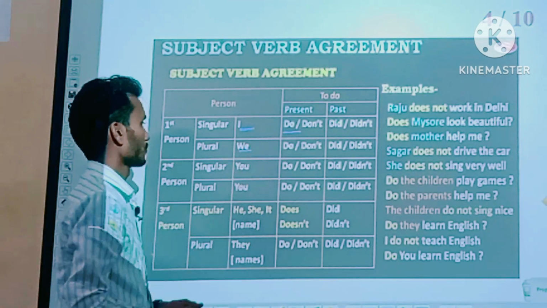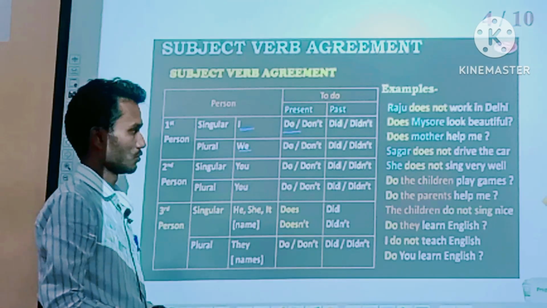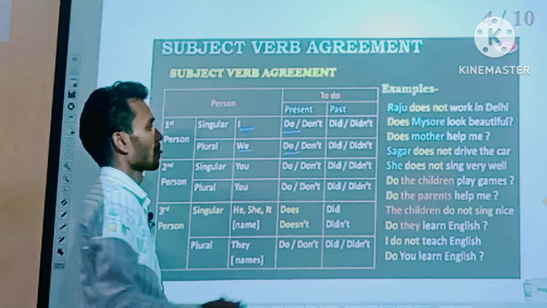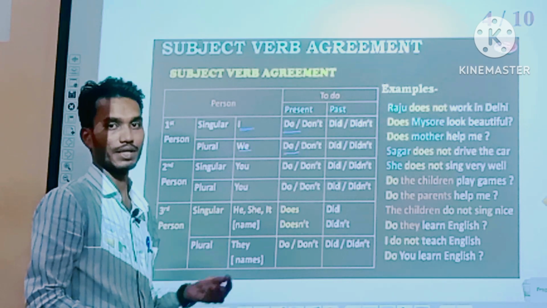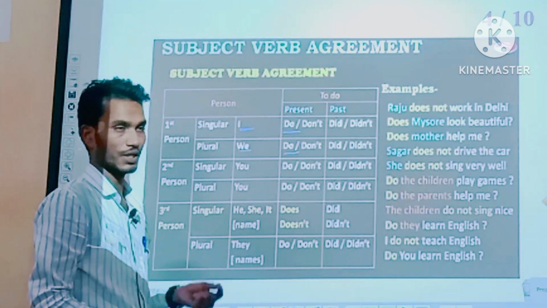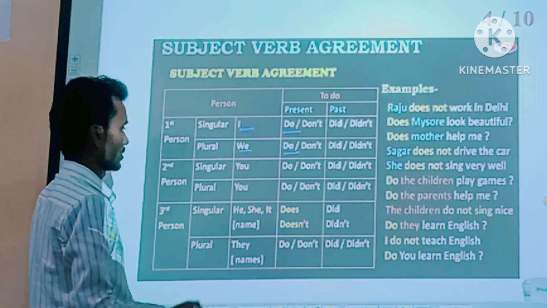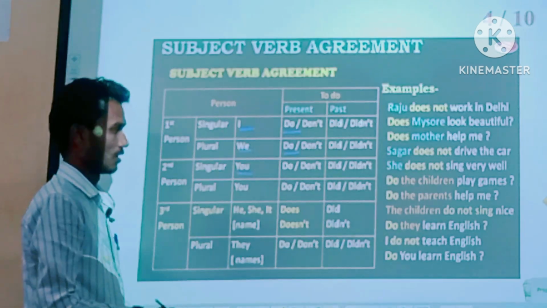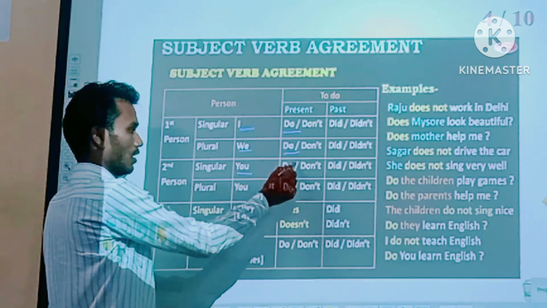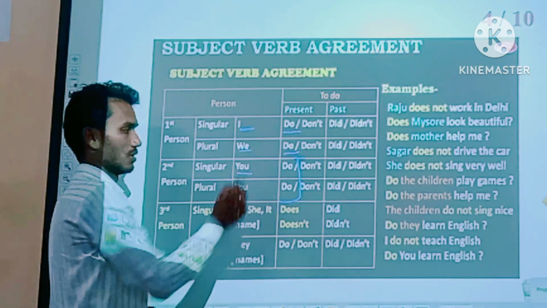If we, first person plural, we should use the do form. We do not work in Mysore, we do work in Mysore, right? Then you, second person singular and plural, here also the do form is used, right?